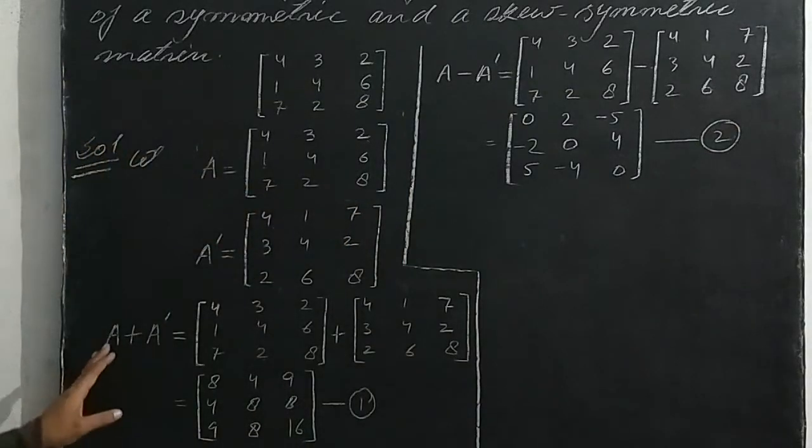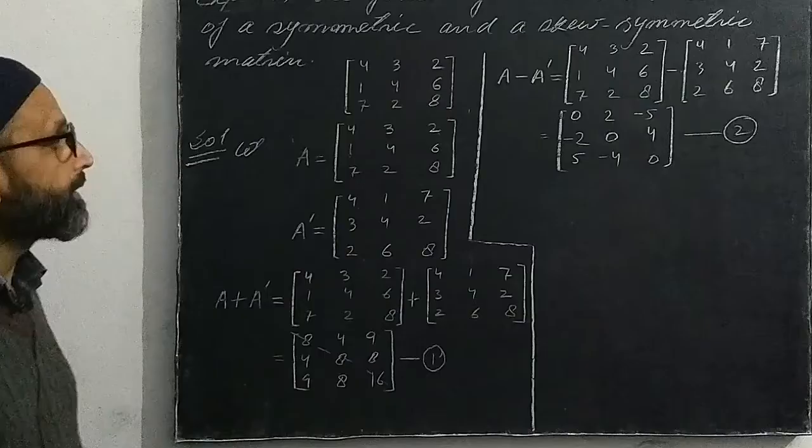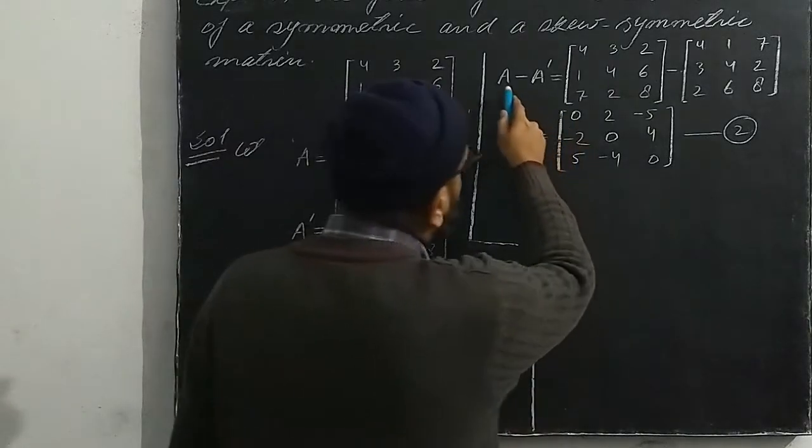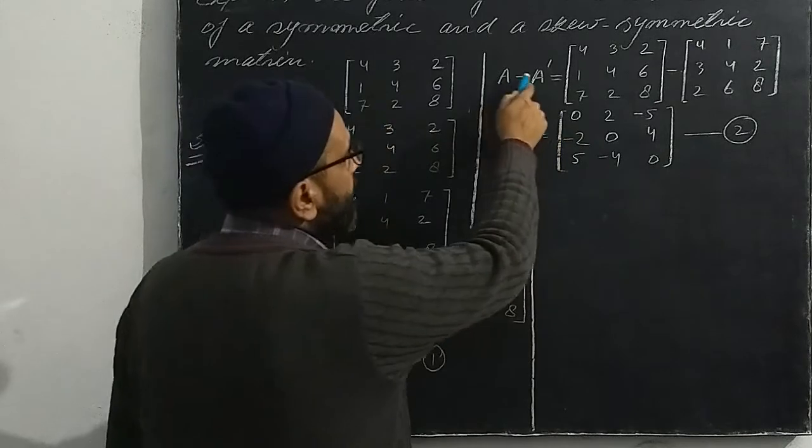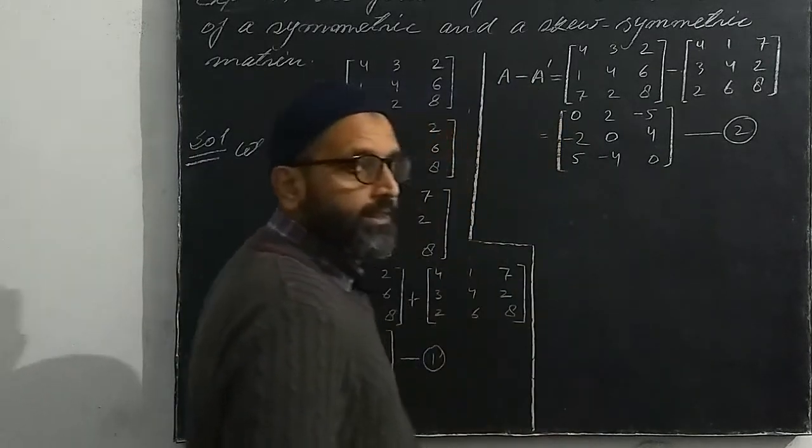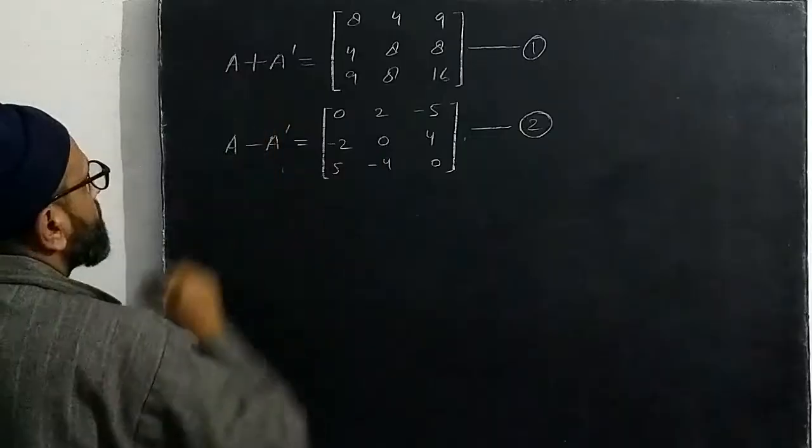As we know, the sum of a matrix and its transpose is always a symmetric matrix. And the difference of any square matrix and its transpose is always a skew-symmetric matrix.